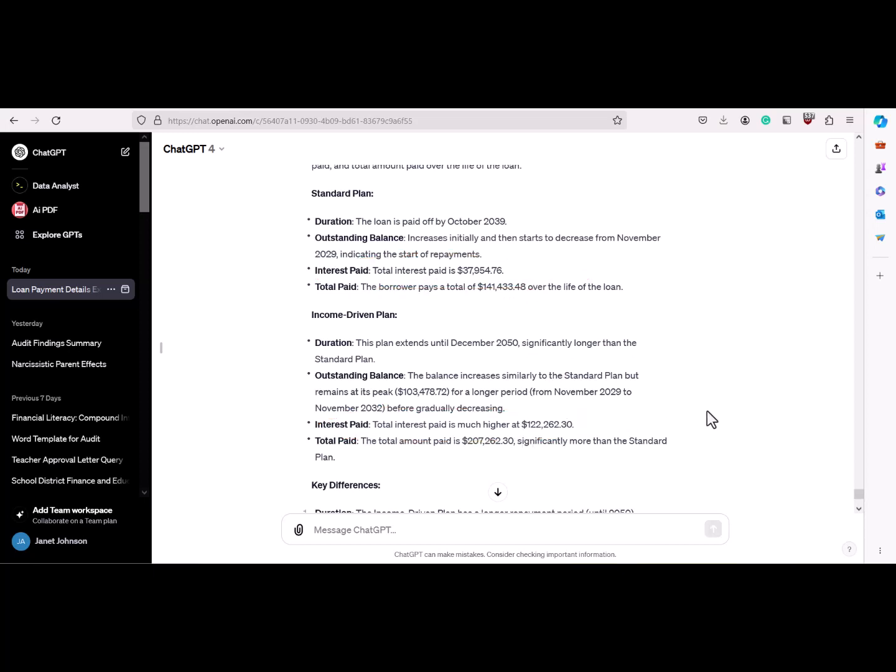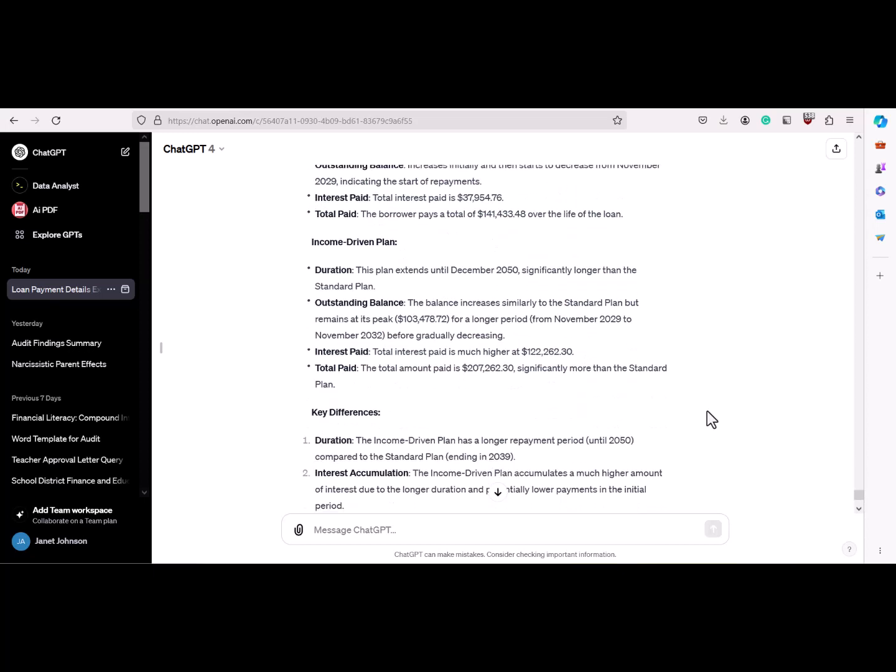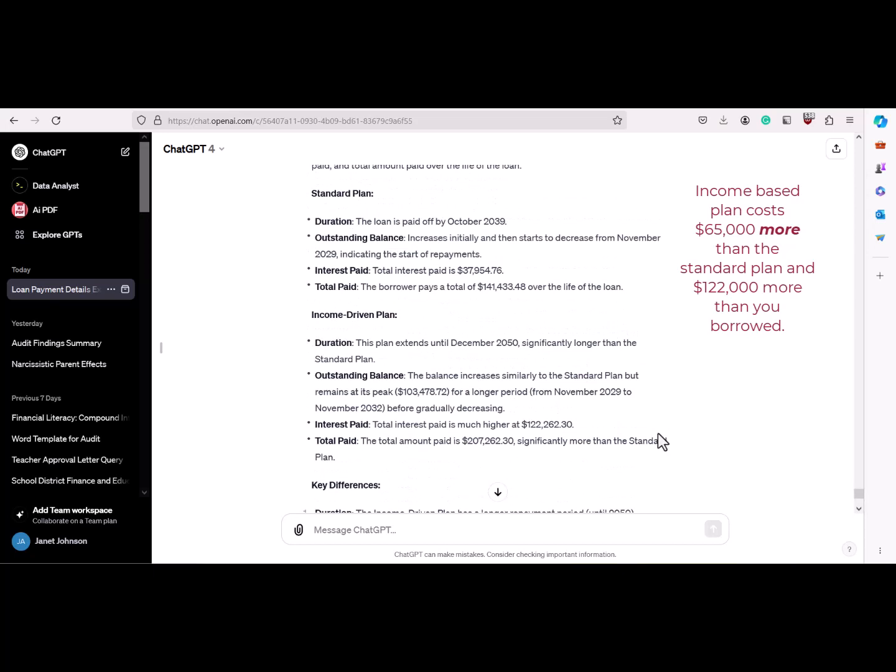So you can see that the income-based repayment plan might look like it's appealing, but look how much more you're going to pay. And if you get in some program where you can get your loan forgiven, if you have to pay taxes on what is forgiven, the taxes will cost you more than what your original loan did.